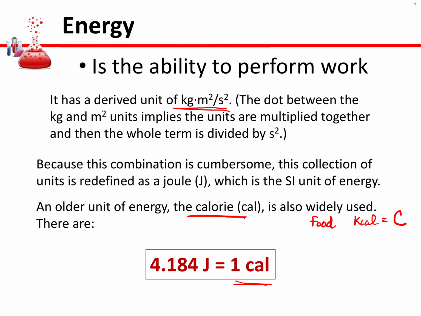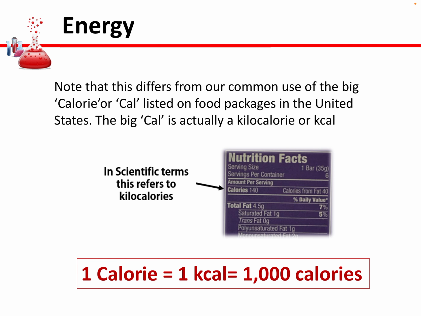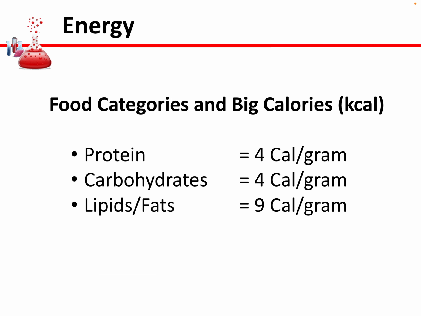So there's less energy inherent in protein and carbohydrates, but still very useful fuel sources, and required for making all of our proteins and things inside the body. All right. So our big calorie, again, is 1 kilocalorie. And we know kilo is 1,000 times the base unit. So 1 kilocalorie is 1,000 little calories for our base unit. But don't feel bad about eating lots of little calories.